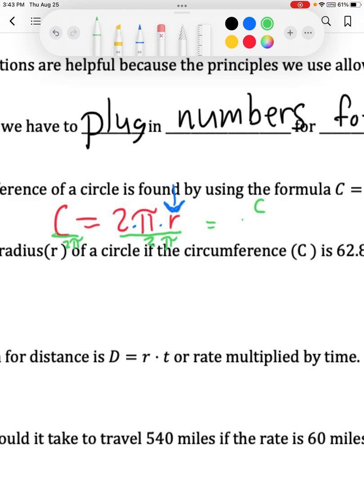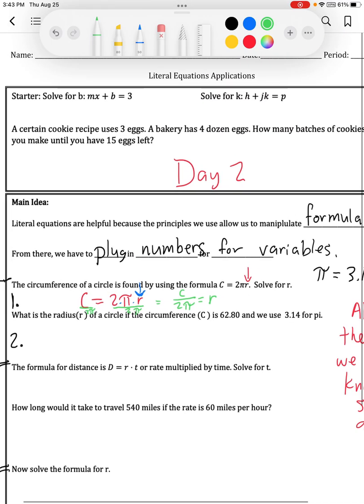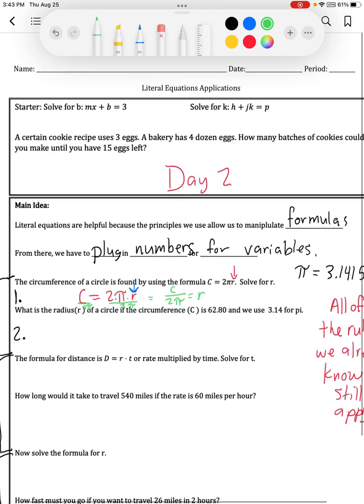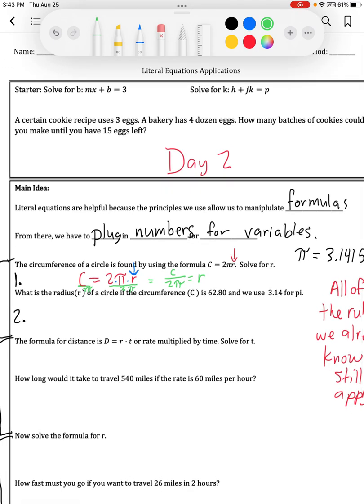That will give us C over 2 pi is equal to r. We have met our goal of getting the r all by itself. So now from here, we need to figure out what the radius of a circle is, which is what r stands for, radius. If the circumference is this number, and we use 3.14 for pi.